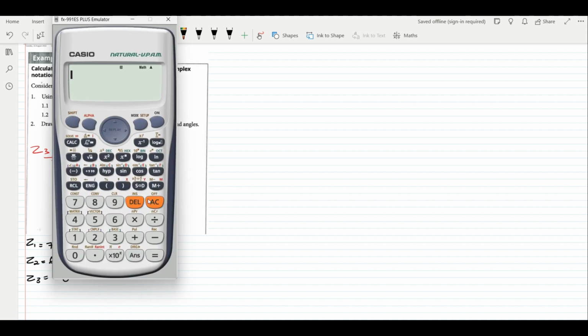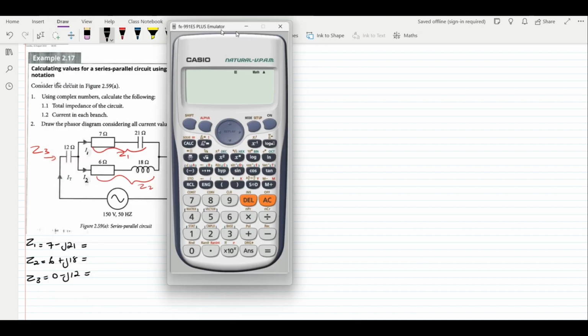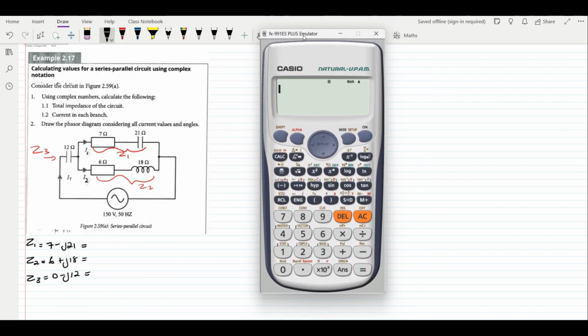Remember, colleagues, always use your calculator and ensure that it is reset and ready to use. Now let us convert to polar form, to rectangular form, pardon.